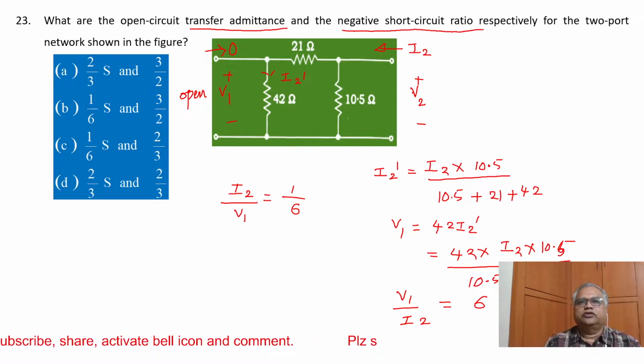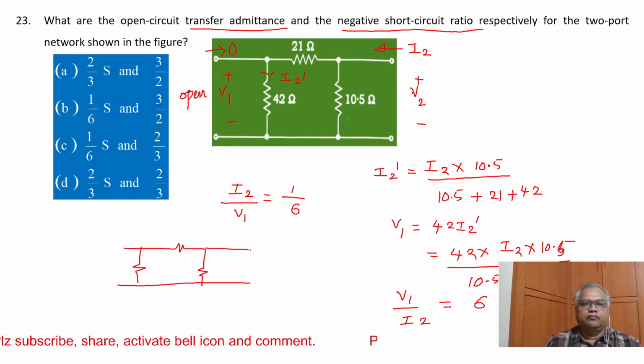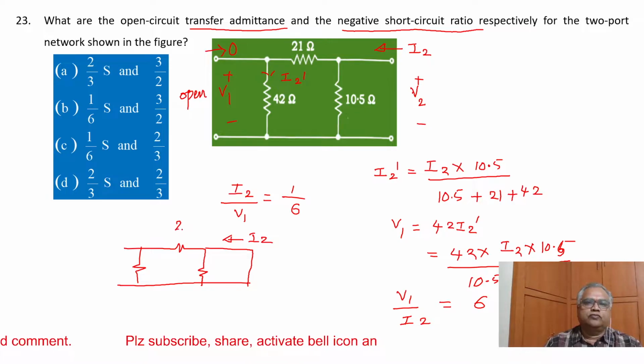Negative short circuit ratio. Negative short circuit, it's a current ratio for the two-port network shown. So again, if I redraw short circuit, this is shorted, 21, 10.5, 42.